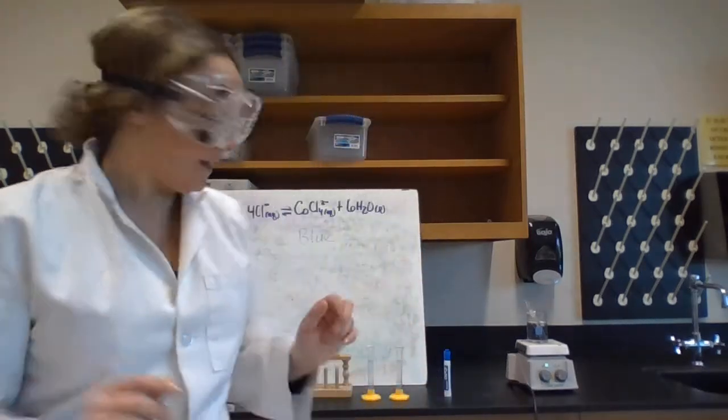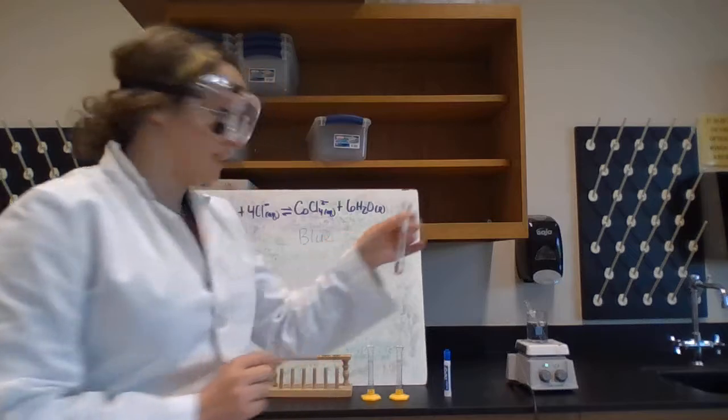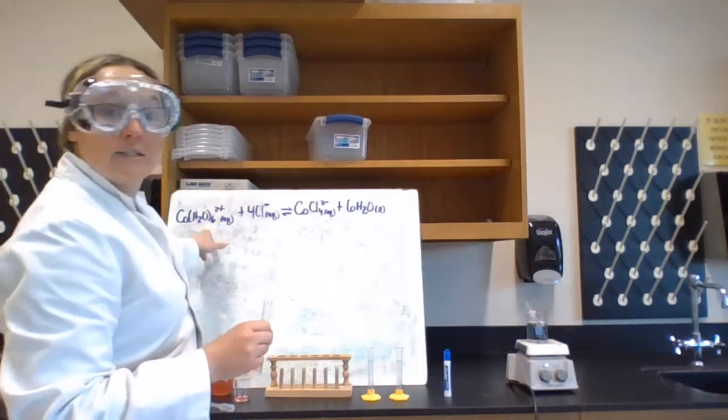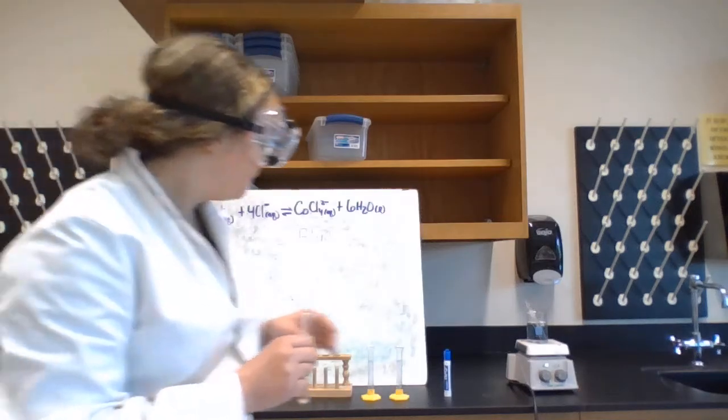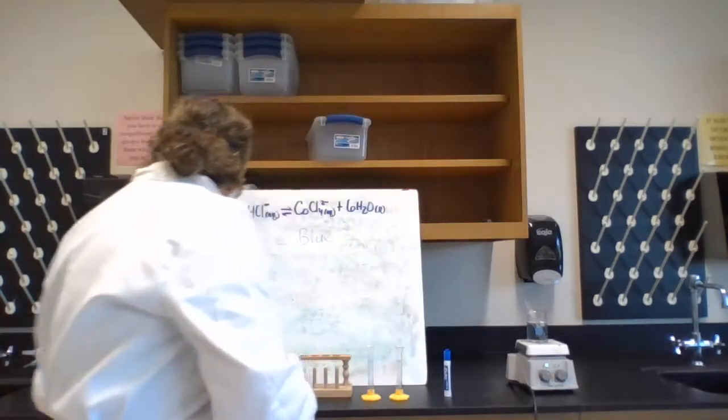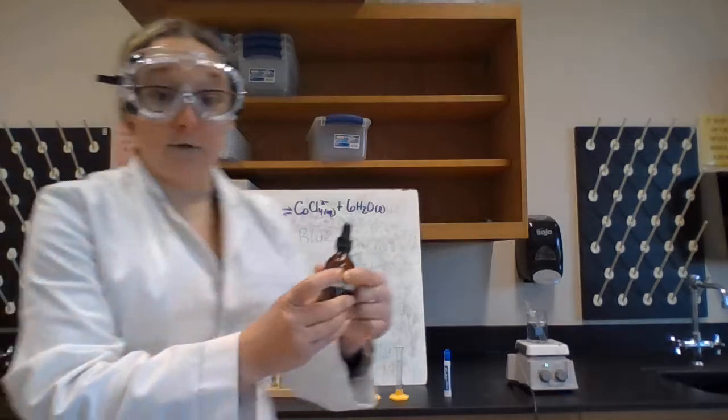So I now have a test tube here. All right. This was just the regular cobalt 2 chloride, which I have not added anything else to except for the water to form that complex ion. We are going to add silver nitrate and see what happens.